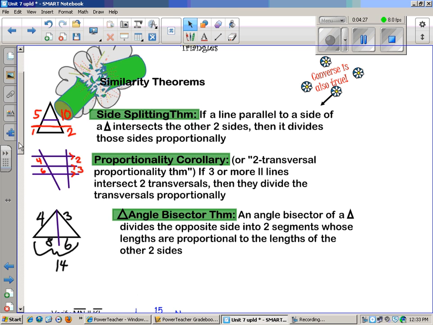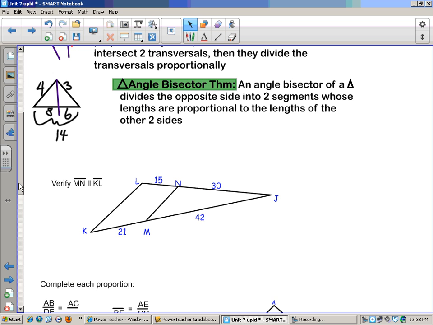Let's apply these theorems. Okay, so first off, if I want to prove that MN is parallel to KL, what has to be true? What do we say up here? Right, exactly.